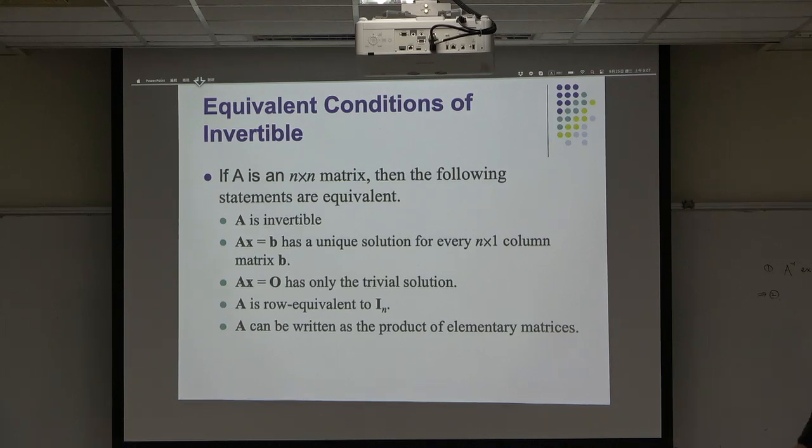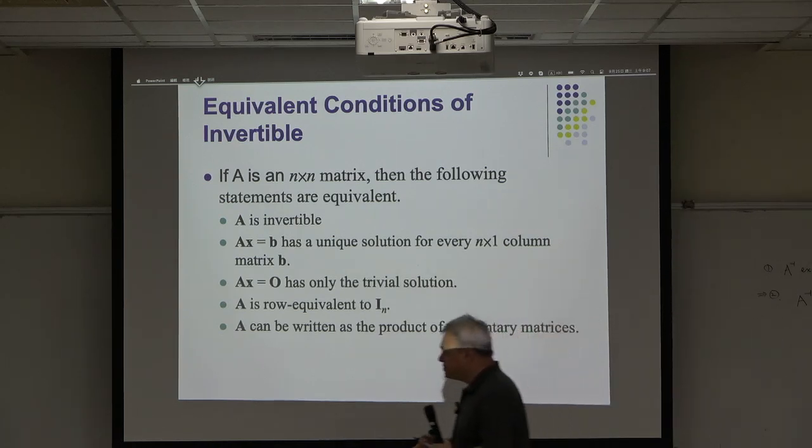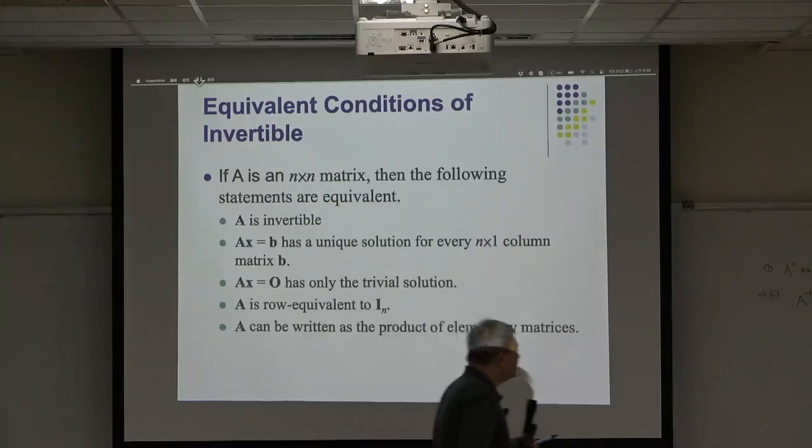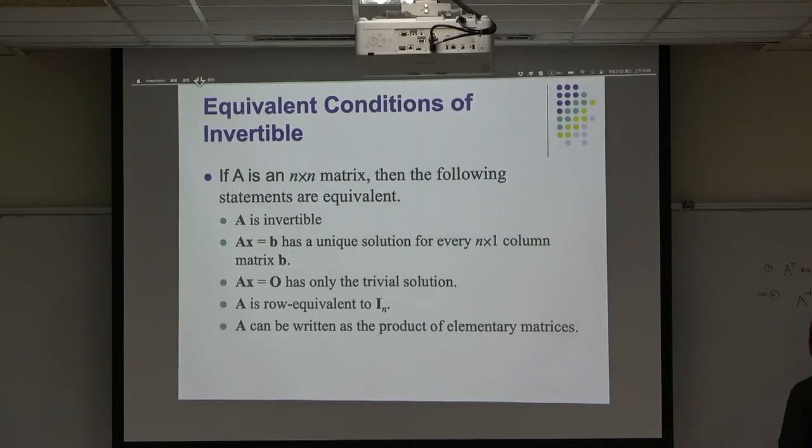Because A inverse exists, you can take A inverse times A times X equal to A inverse times B, right?